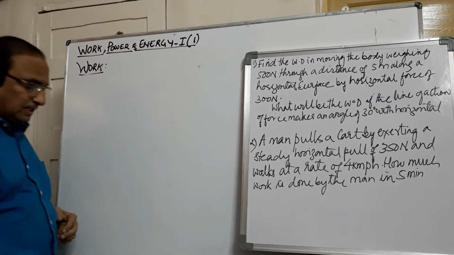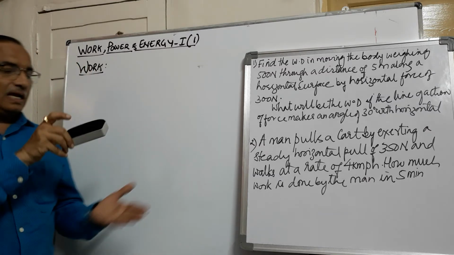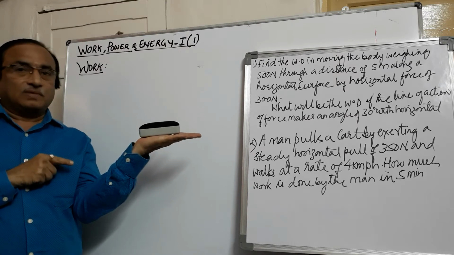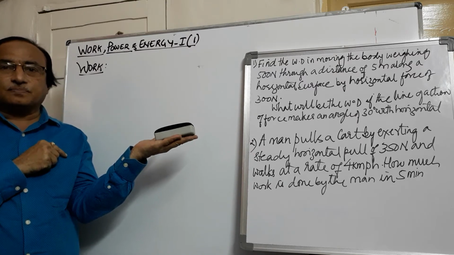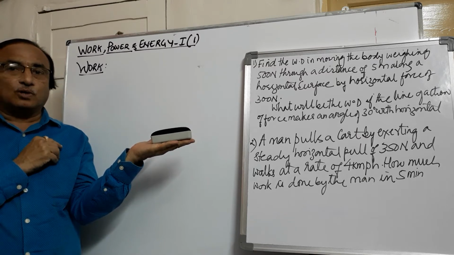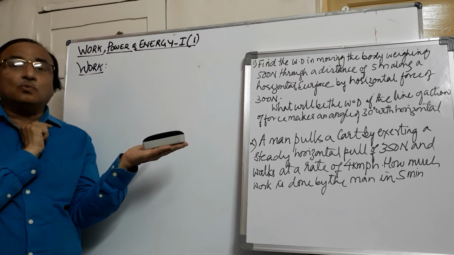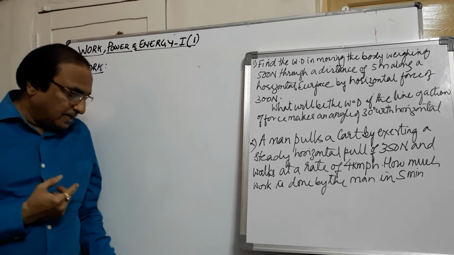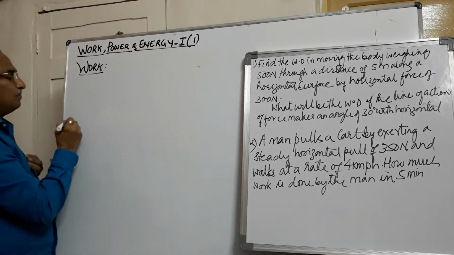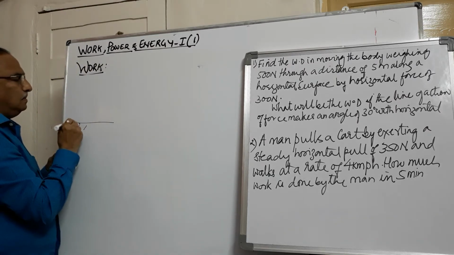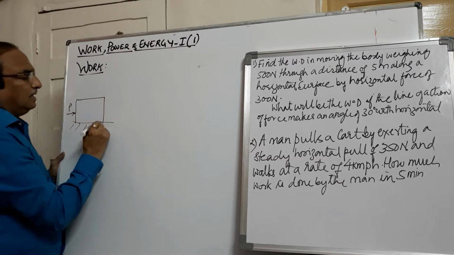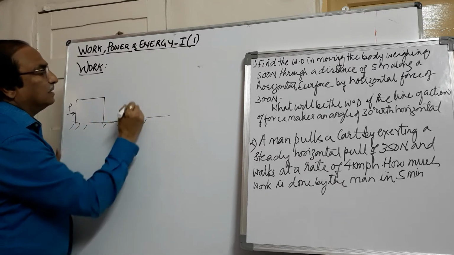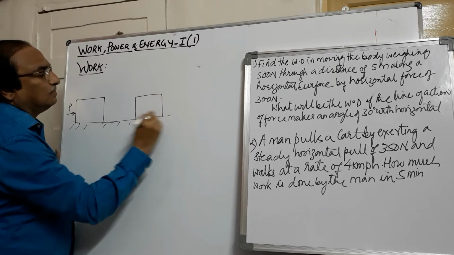Now we will see, if I take a body and keep it on a surface and apply force to this, the body will be displaced or moving from one point to another point. We say the force is doing work here. So what is work here? Suppose I take a body on a surface, and if I apply force to this, then along the surface the body gets shifted to some other point.